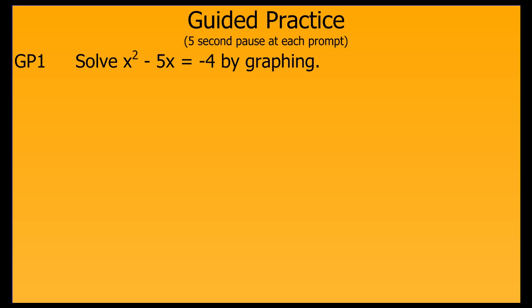What we're trying to do is solve this quadratic equation by graphing. How do we do that? First, we must get it in standard form by adding 4 to both sides, which gives us this equation, which is in standard form. Now what?